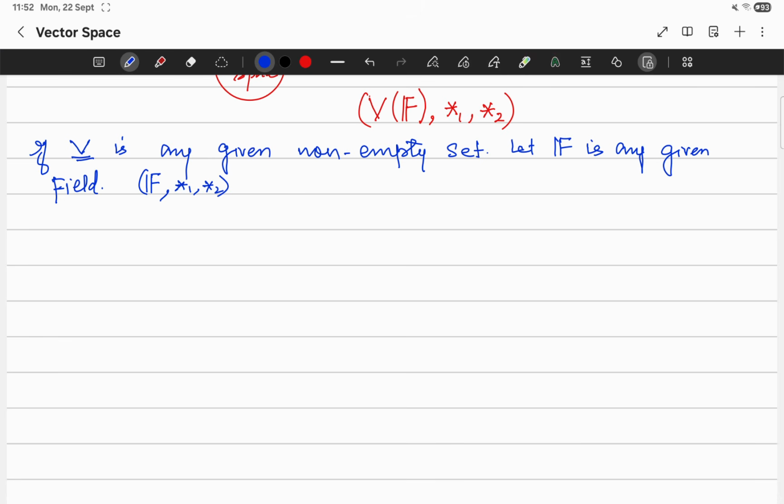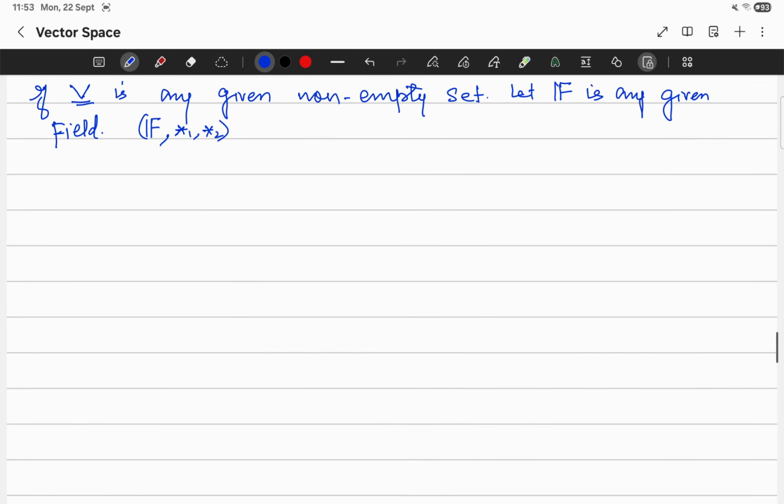This V is any non-empty set with two operations, star1, star2. Okay, we say that it is a vector space over this field F if it is closed under the vector addition and scalar multiplication. Vector addition में इसकी कितनी प्रॉपर्टीज, 5 प्रॉपर्टीज है. स्केलर मल्टीप्लिकेशन में इसकी 5 प्रॉपर्टीज हैं.